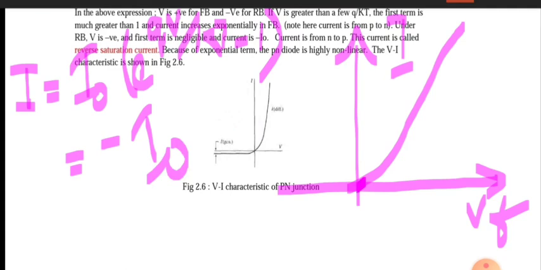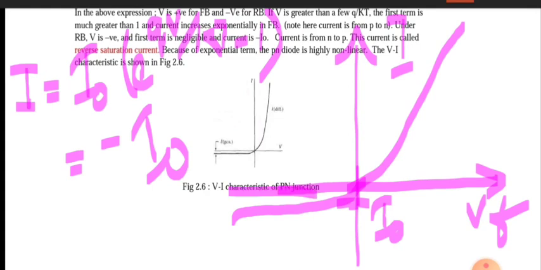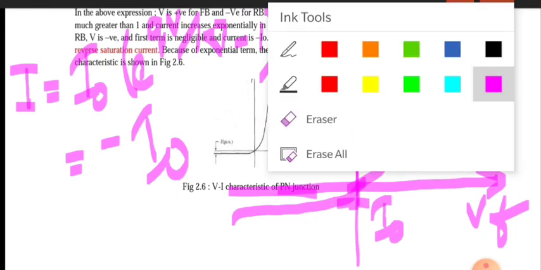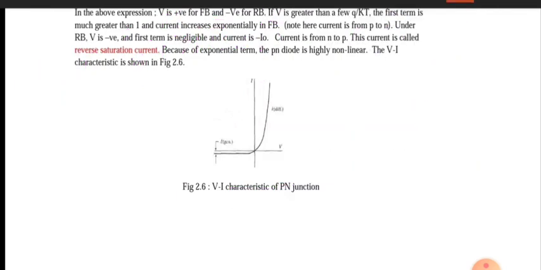So under reverse bias we have a very small negative current, which is the same as the drift or generation current I naught, in the value of microamperes. If V is greater than kT by q, the first term is much greater than 1 and the current increases exponentially in forward bias. Under reverse bias, the first term is negligible and the current is minus I naught. So current is from N to P.